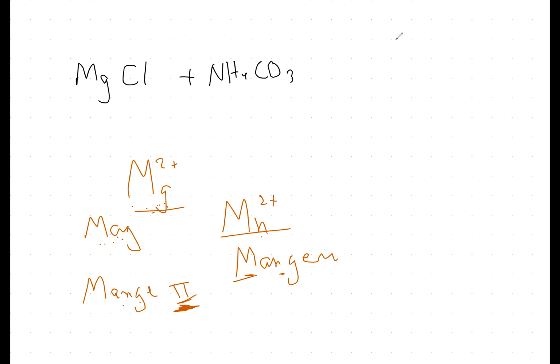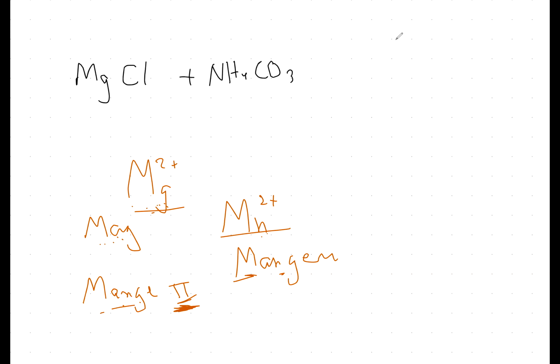If you remember, at the start of our lesson, we studied how to give names for the compounds. We said for transition metals, we have to give the name and then write the Roman number.